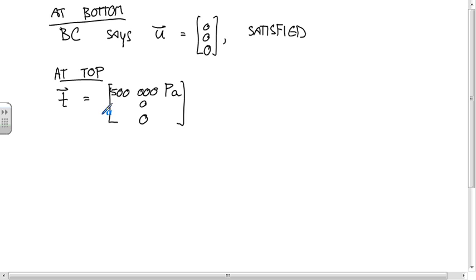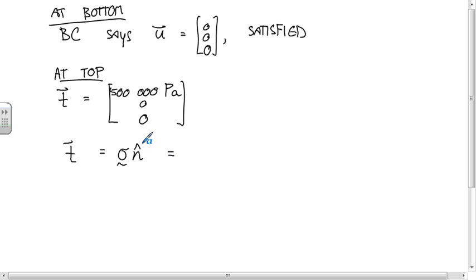I mean, that's just the load that I applied at the top on this problem. So how do we check the traction? We're going to do this as the stress tensor that corresponds to this times its normal. Okay? Remember, traction is equal to the stress tensor times the outward facing normal.